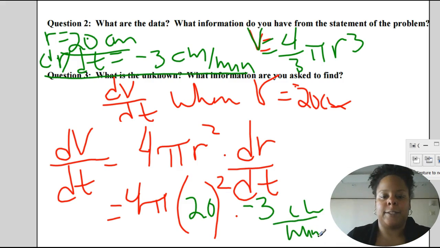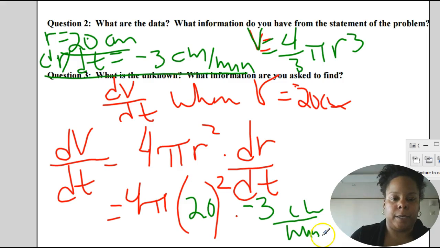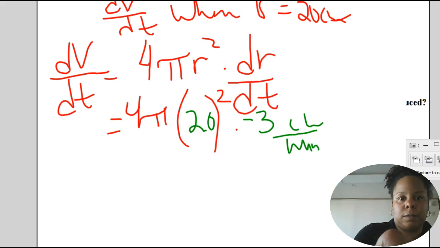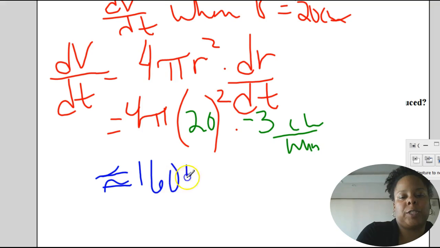Okay, and then as a result, we get our answer. Let me scroll down so we can see. This is 400, times 4, so this is exactly 1600 pi times -3.